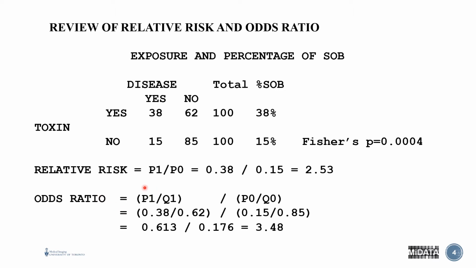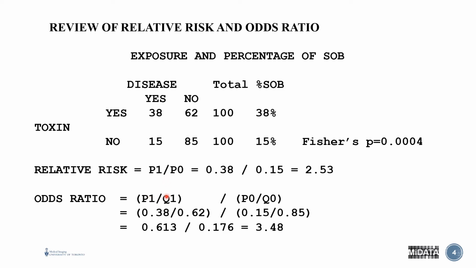The odds ratio is going to be the probability of disease over the probability of not getting the disease, which we call Q. So Q1 equals 1 minus P1.